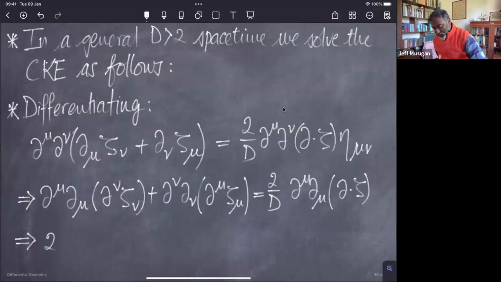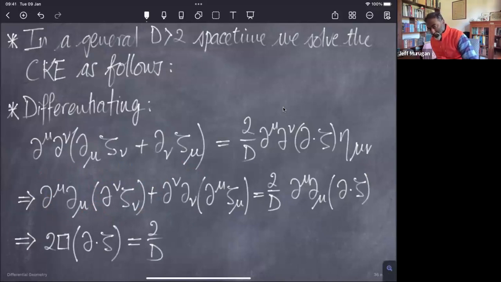So this says that twice the D'Alembert acting on d dot zeta is equal to 2 over d times the D'Alembert acting on d dot zeta.